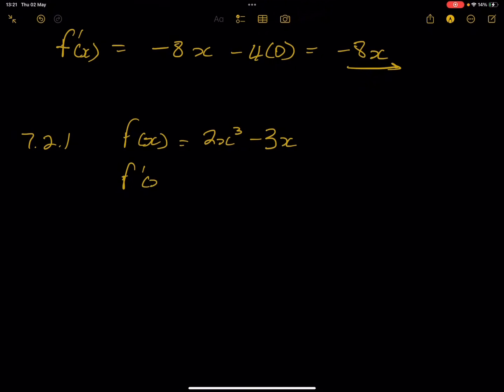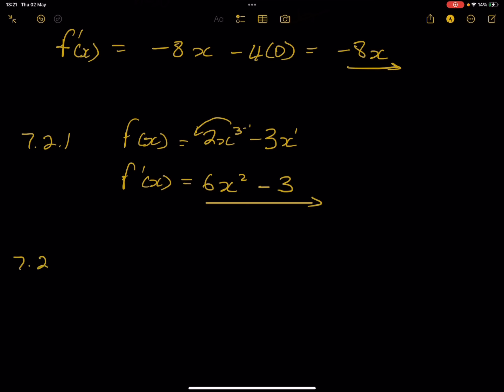So remember, we use our differentiation rules. This jumps down. So 3 times 2 will give me 6, minus 1, so that's 6x squared. Minus, in this case, remember there was a 1 there. That's minus 3. 1 times 3 gives me 3, and 1 minus 1 will give me 0, and anything to the power 0 is 1. So that becomes our derivative in that case.